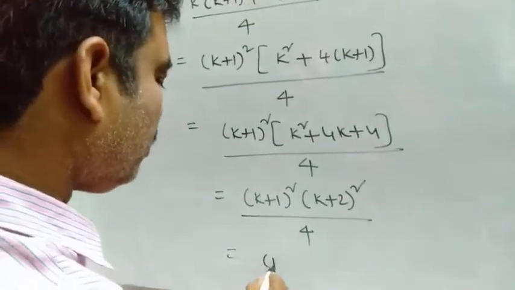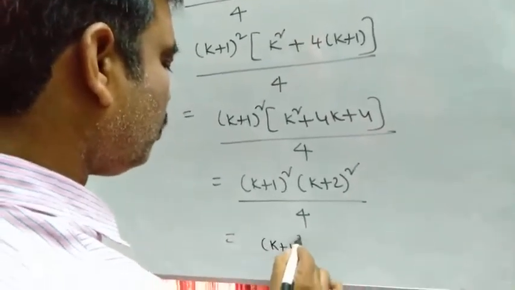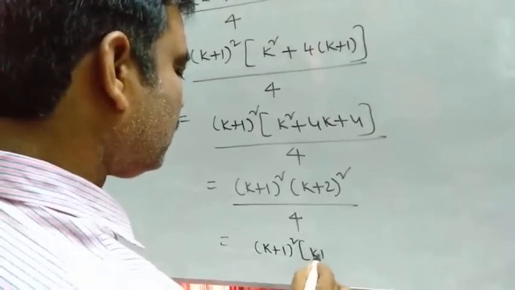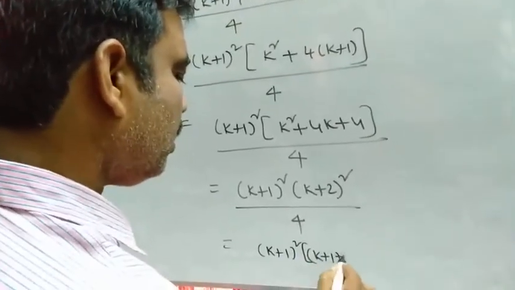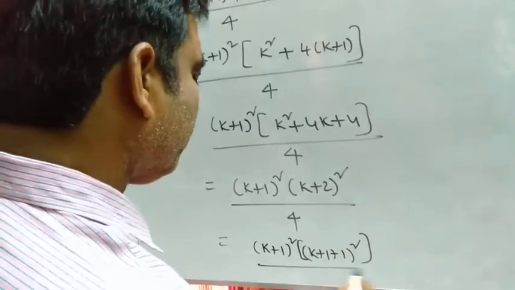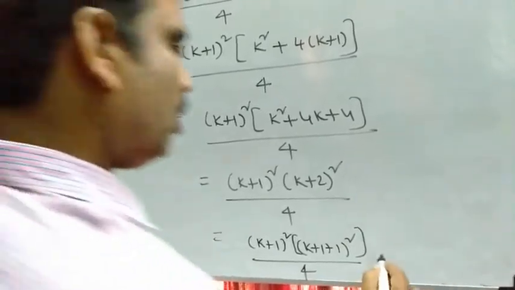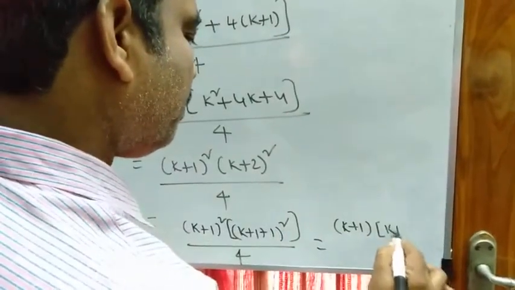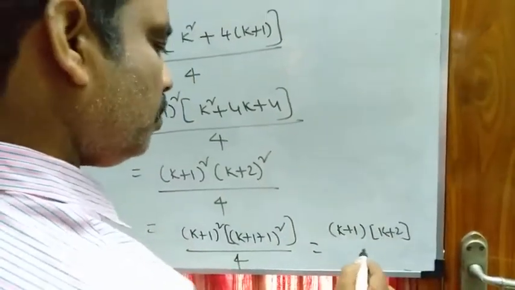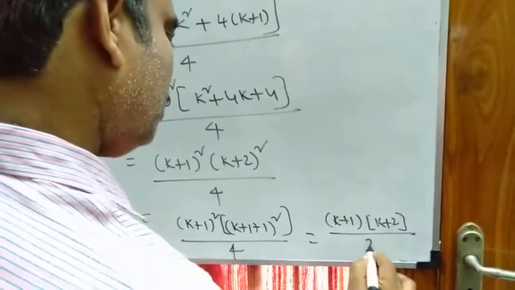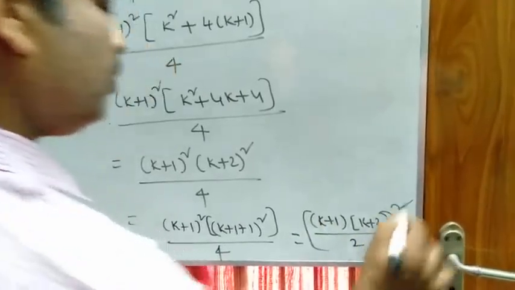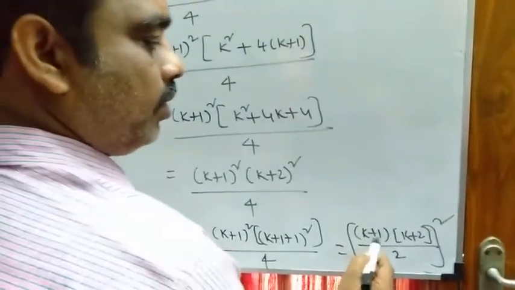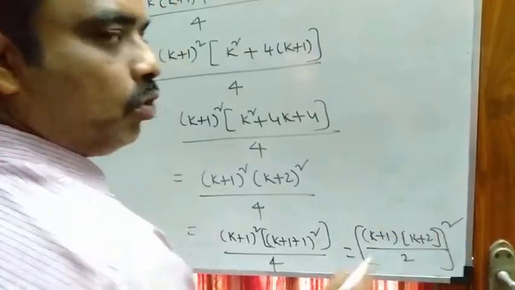Which is equal to (k plus 1) whole square into (k plus 2) whole square by 4. Or I can write this as (k plus 1 into k plus 2 by 2) whole square. So it looks like (n into n plus 1 by 2) whole square.